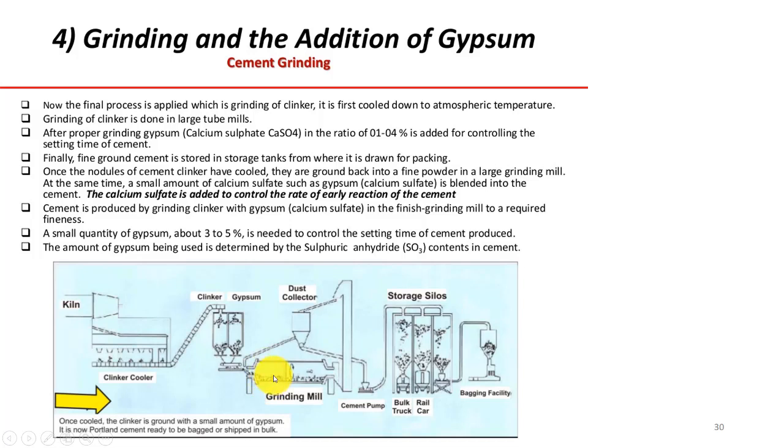After the grinding process, the cement is added to the cement silos, or it goes to the cement bags, which are further forwarded to the dispatch, stores and markets.